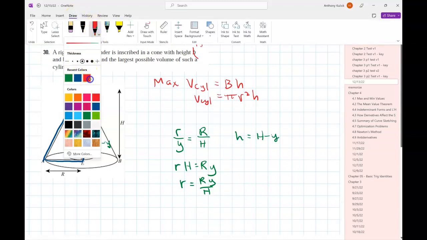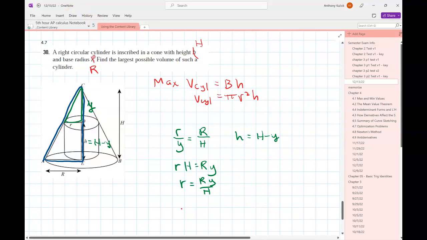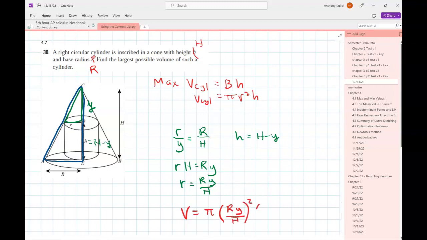So if I take that, the volume of my cylinder would be pi, and then cap R over cap H squared times y squared times cap H minus y. Why did you get h is equal to big H minus y?